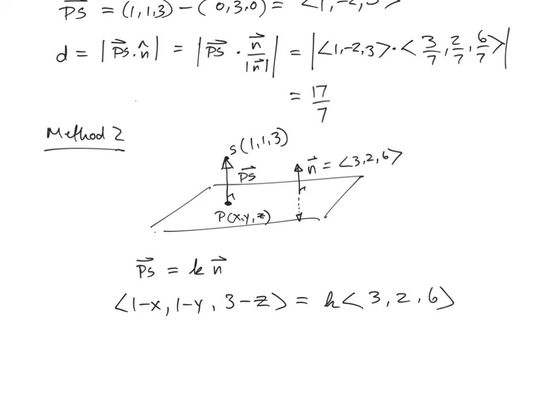Okay, which means 1 minus x is equal to 3k, 1 minus y is equal to 2k, and 3 minus z is equal to 6k.